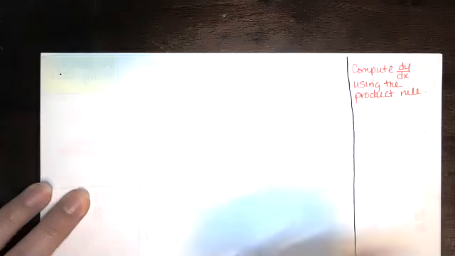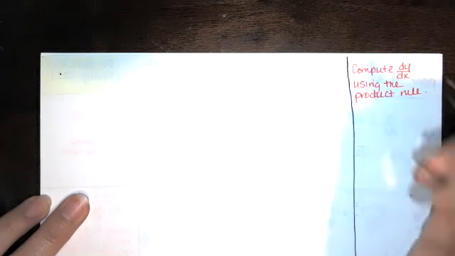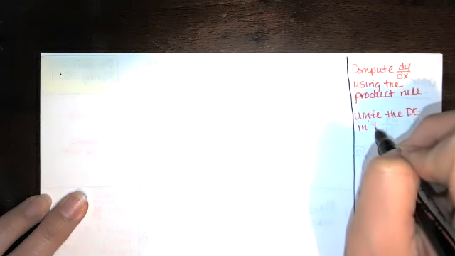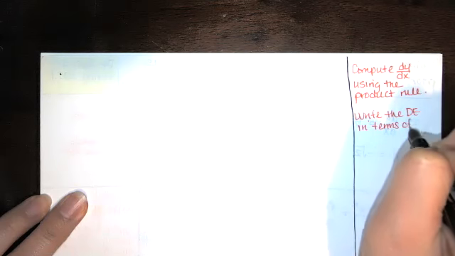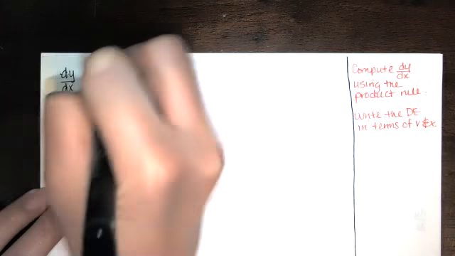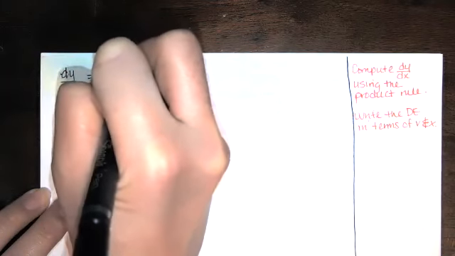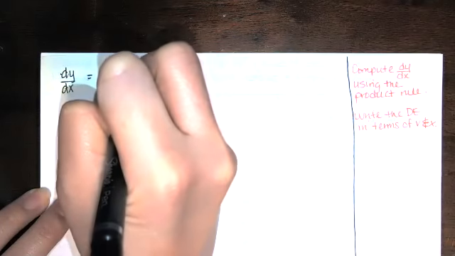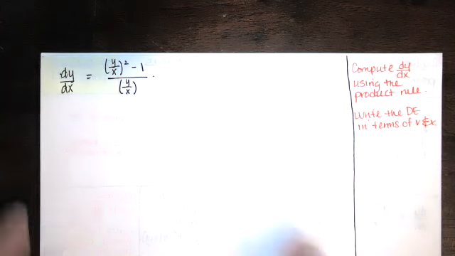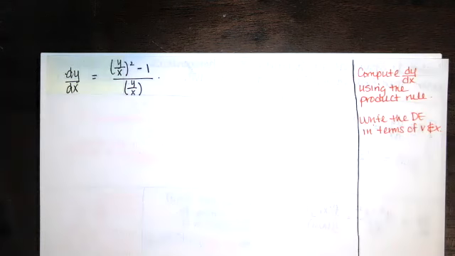Okay, now that we've done that, we want to write the differential equation in terms of v and x only. So we have dy dx equals (y over x) squared minus 1, all divided by y over x. And we want to write this in terms of v and x only.